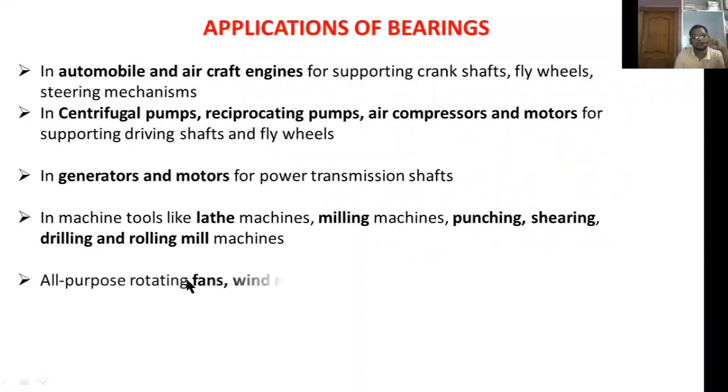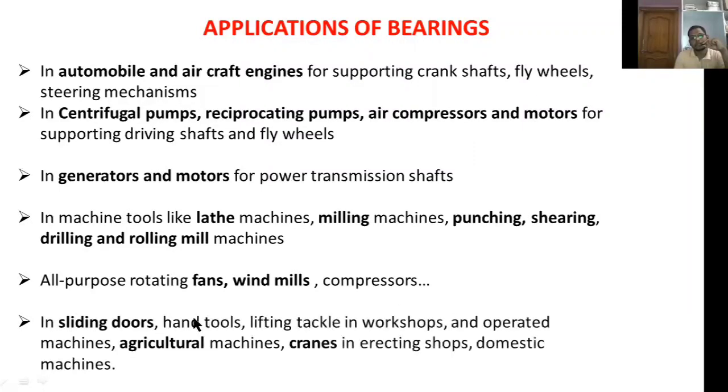Also, bearings are used for all-purpose rotating fans, windmills, and compressors. Bearings are also used in sliding doors, hand tools, lifting tackle in workshops, operated machines, agriculture machines, cranes in erecting shops, and domestic machines. These are some examples.